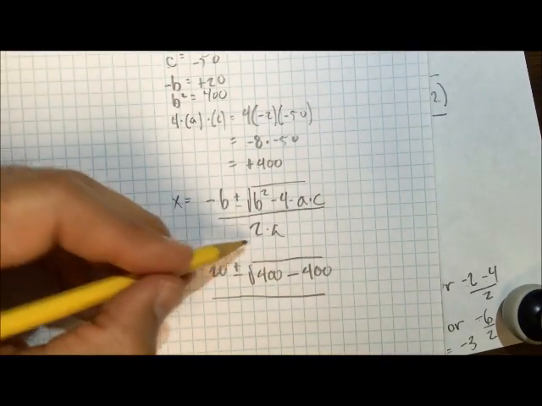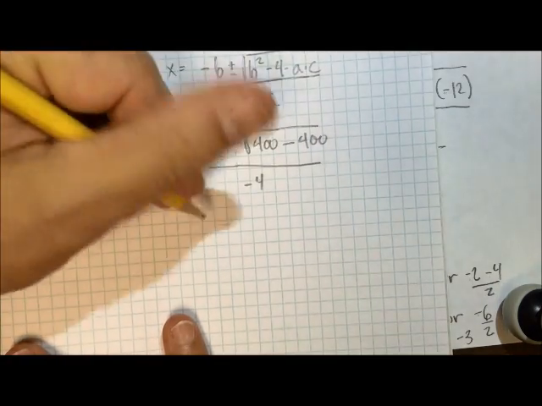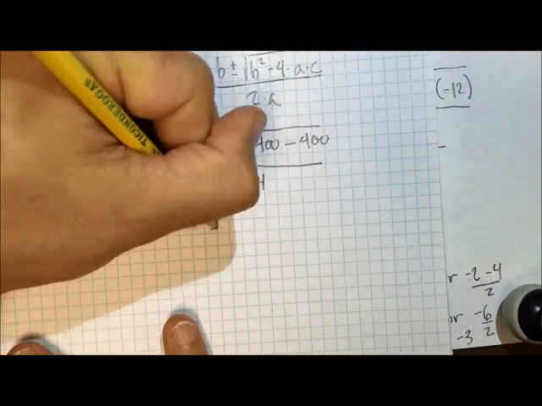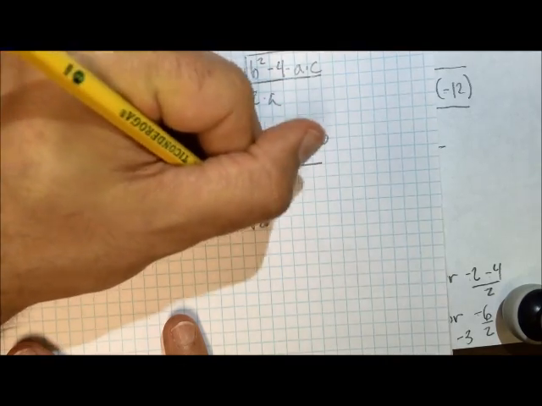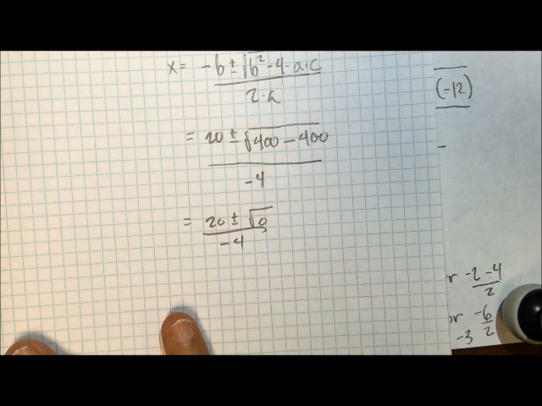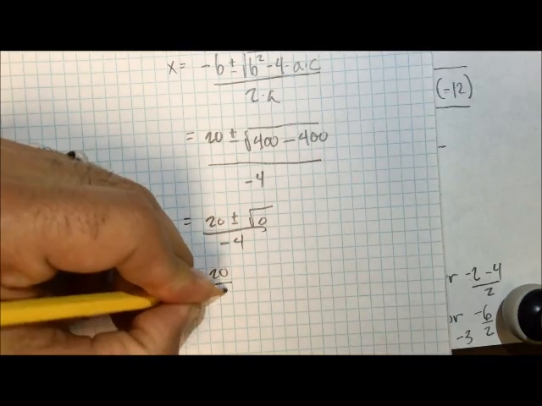A was negative 2, so 2 times negative 2 is negative 4. Okay, let's see what we got. 400 minus 400 is 0, so that's 20 plus or minus the square root of 0, all over negative 4. The square root of 0 is going to be 0. So 20 over negative 4.